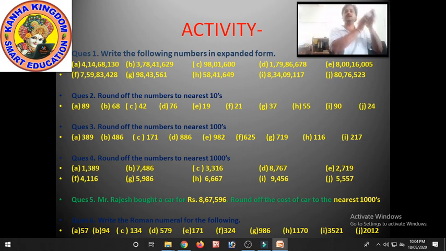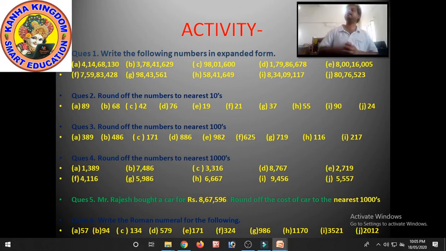So CCC equals 300, and 20 means X plus X equals 20, and 4. How can we write 4? I and V. Why I and V? Because I is smaller than V. That's why CCCXXIV.